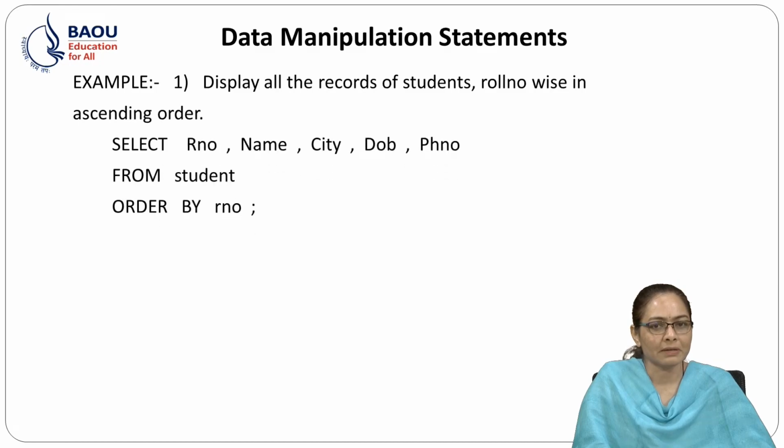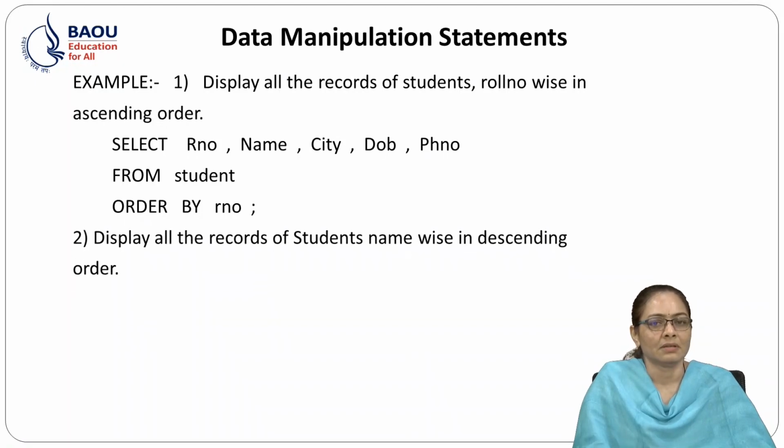The example: select roll number, comma, name, comma, city, comma, date of birth, phone number from student, order by roll number. This example is used to display the records of the student table roll number wise in ascending order, 1, 2, 3, 4, 5 like that.